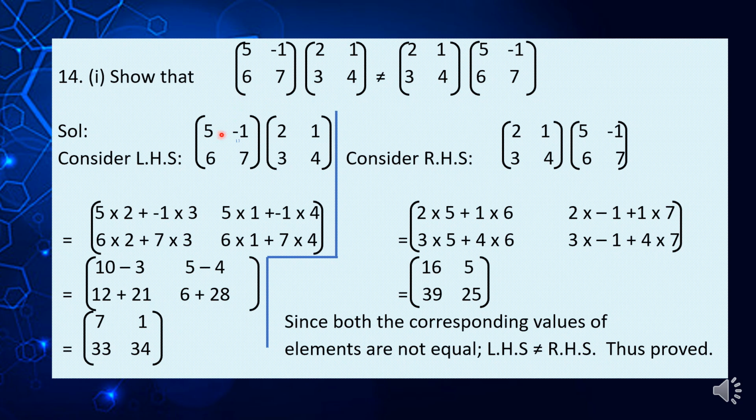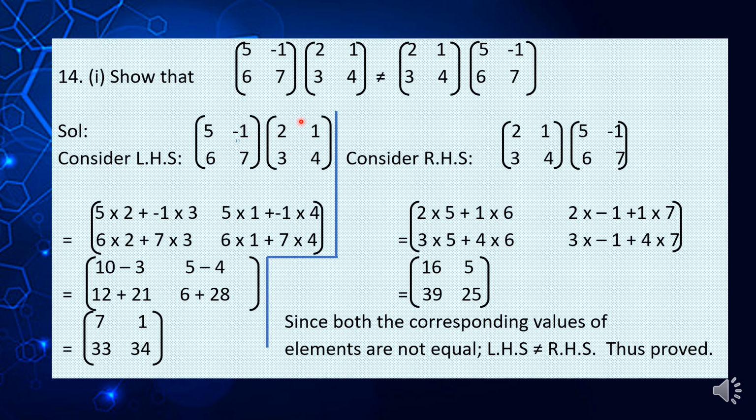Now, we multiply the first row into the first column and second column, then we multiply the second row into the first column and second column. We would get 5 into 2 plus minus 1 into 3, 5 into 1 plus minus 1 into 4, 6 into 2 plus 7 into 3, 6 into 1 plus 7 into 4.